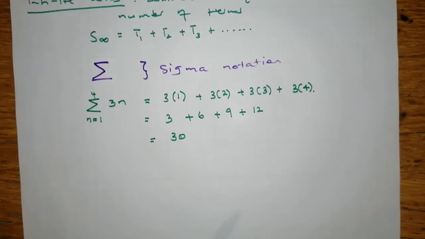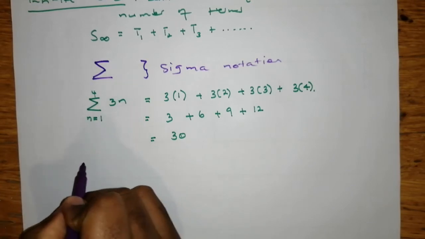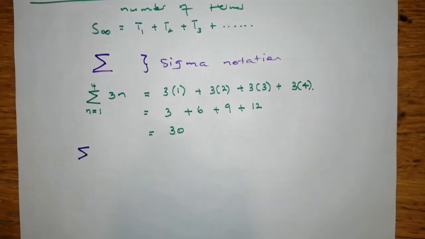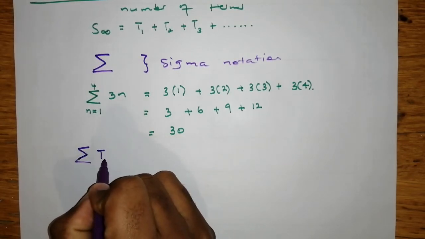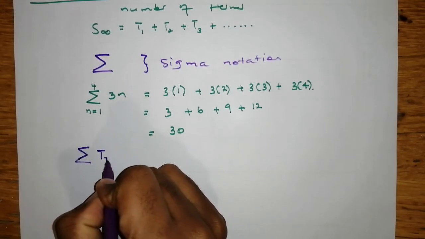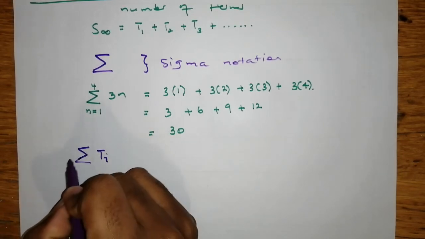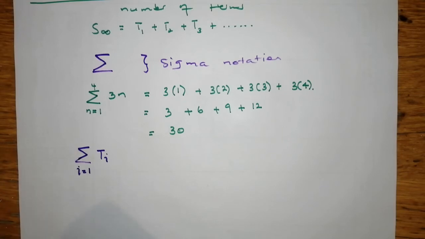Let us take a closer look at this sigma notation. Let's say there's our sigma notation right there, and then we've got a term of a sequence here. Let me use i. We've got i equals 1, the lower bound.